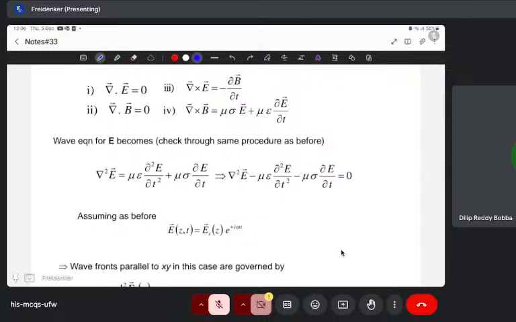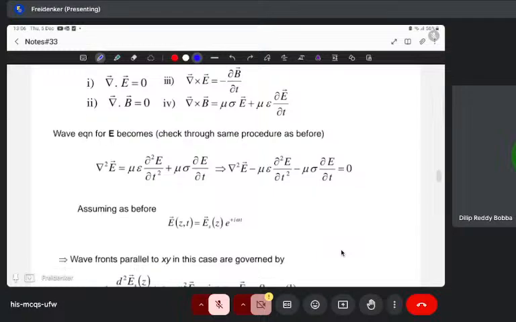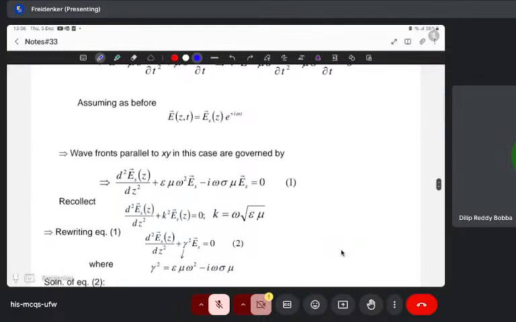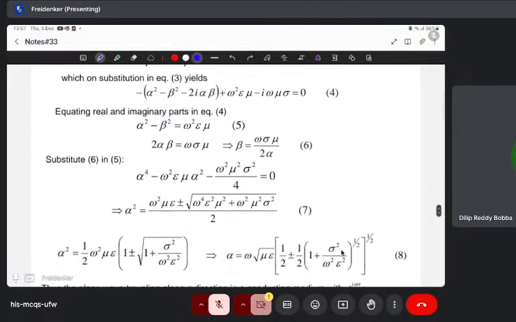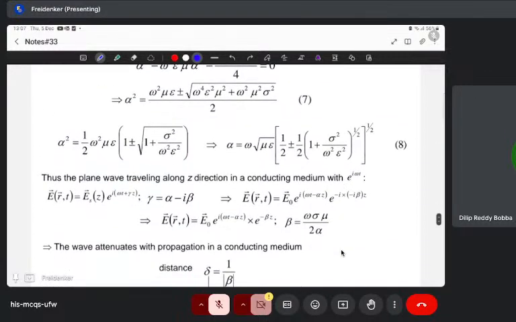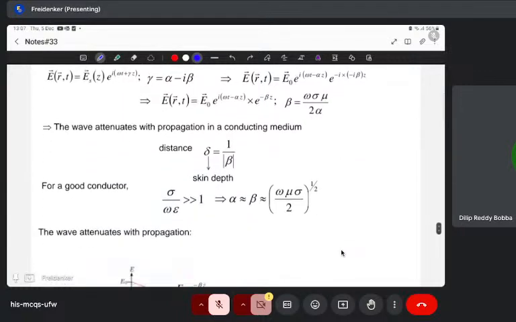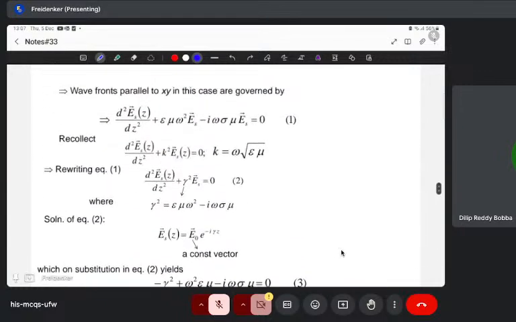Okay, now they want to solve for the wave equation once again. Okay, is it slightly different though? Fine. We'll see.